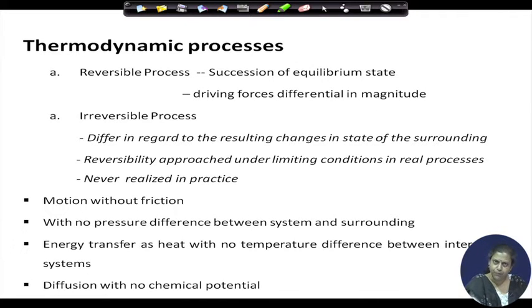Now, let me tell you that usually whenever we undergo any particular process, it is quite fast, and it is very difficult for a system to remain in equilibrium during all the states it is undergoing when it is going from one equilibrium state to another equilibrium state.